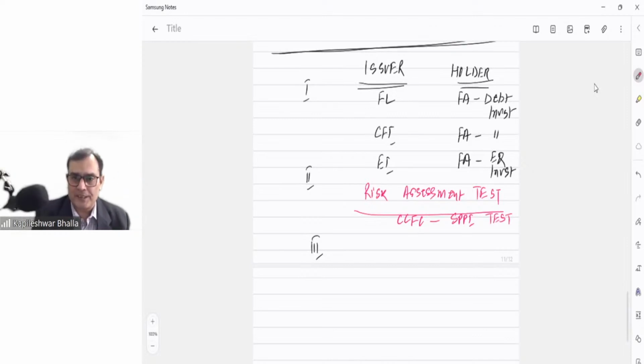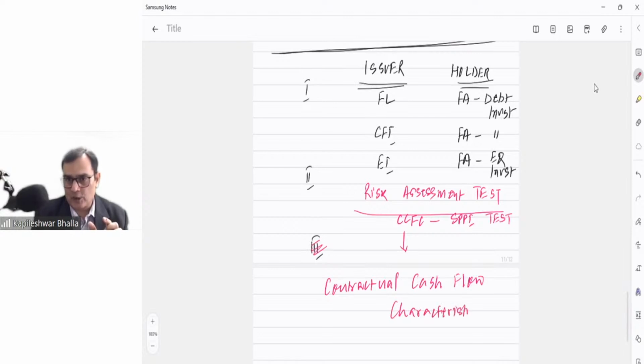Now what does that CCFC indicate? The CC means contractual cash flow characteristics. So when I use the word CCFC, it means contractual cash flow characteristics.